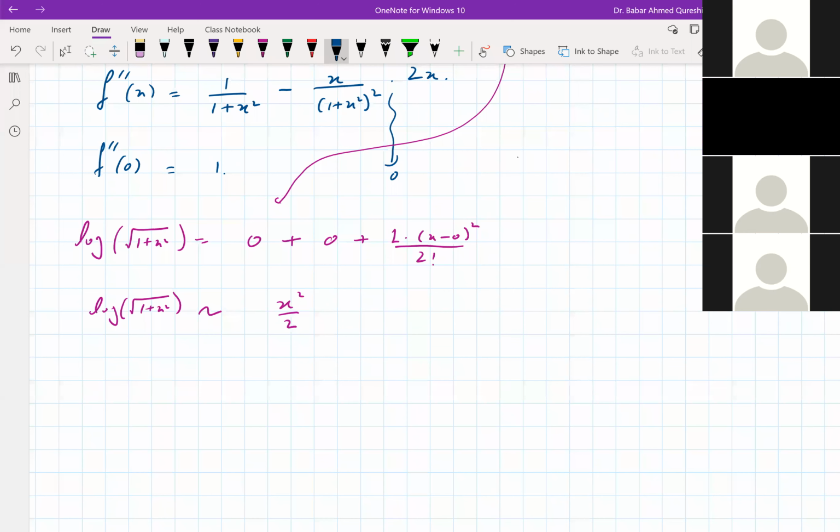Let's look at these problems. So it asks you to evaluate, this is problem 23 from exercise set 3.10.